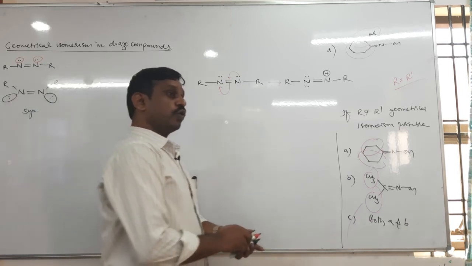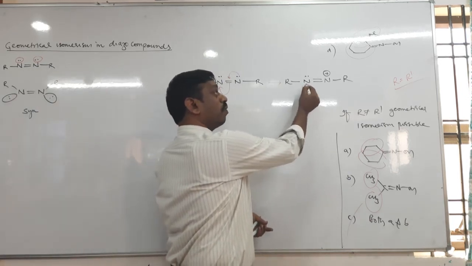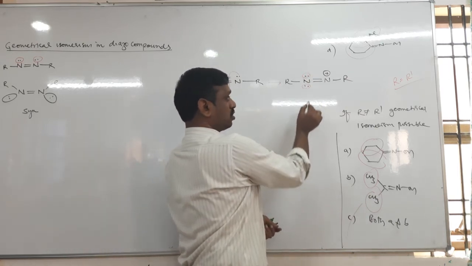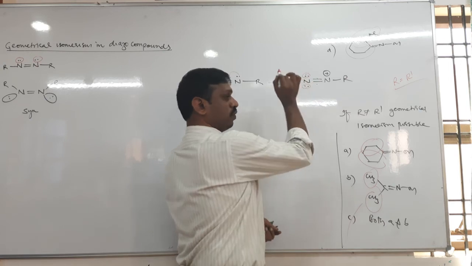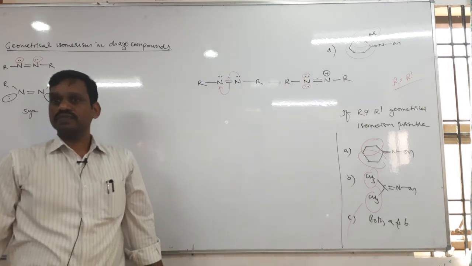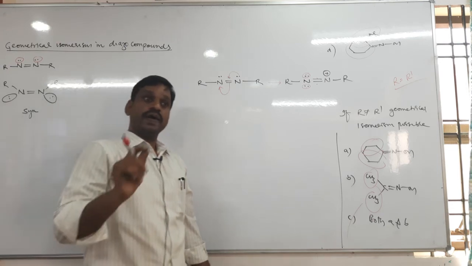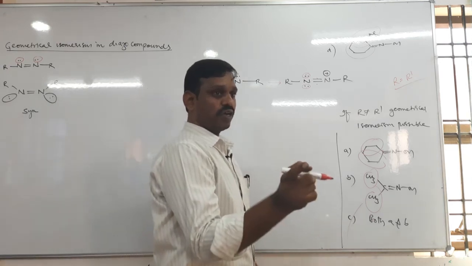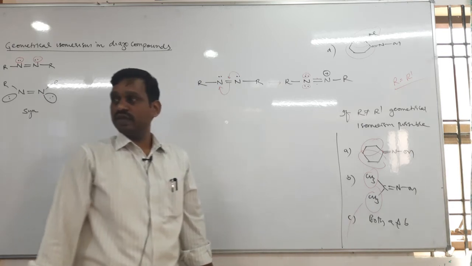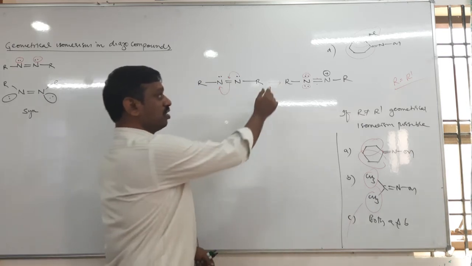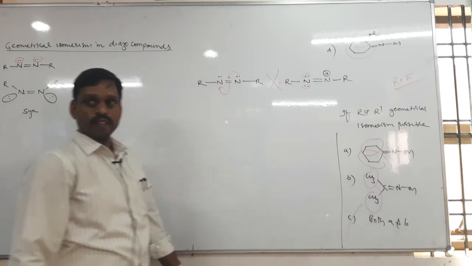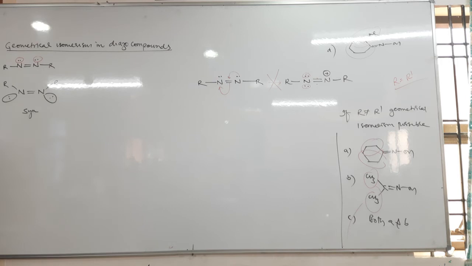See, we know that one lone pair equals one covalent bond: 1, 2, 3, 4, 5. Is the nitrogen valency becoming 5? No. Nitrogen can expand its valency from 3 to 4, but not 5. It is the anomalous behavior of nitrogen, dinitrogen. That's why this conversion is not possible, restricted.